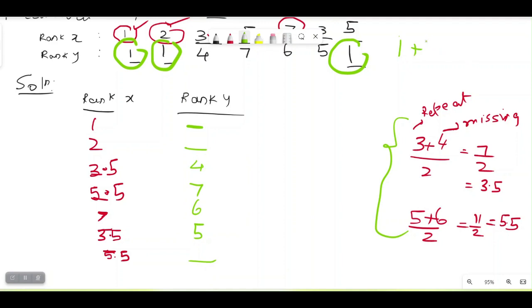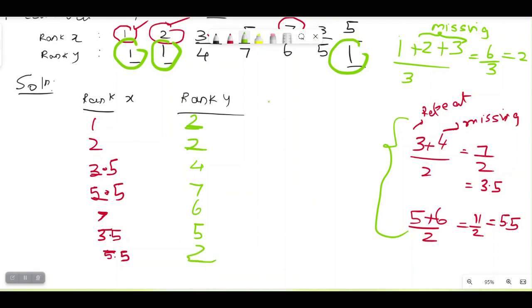So your missing ranks in this case are 2 and 3. And you have to take the average. Since earlier there were two numbers, we divided by 2. Now these are 3 numbers, so you have to divide by 3. So 1 plus 2 plus 3, 6 upon 3, which is 2. So all these blank spaces will be filled by 2.